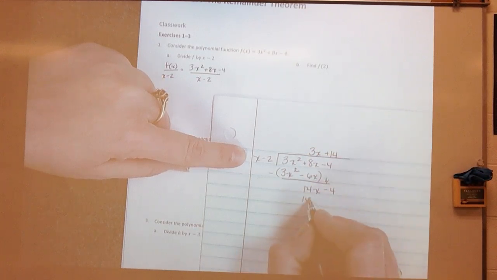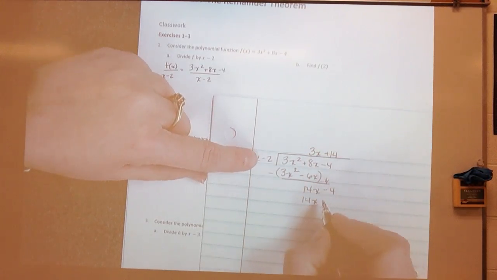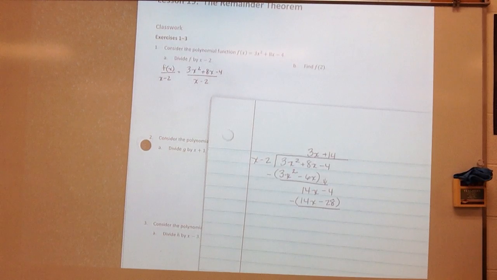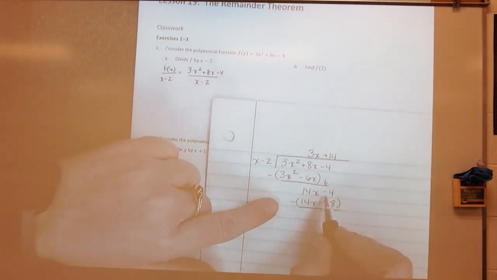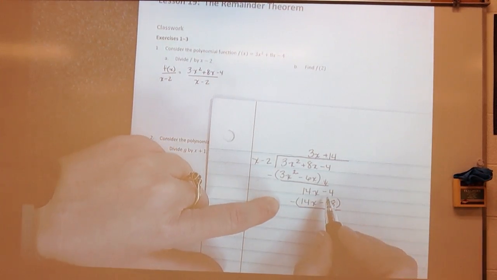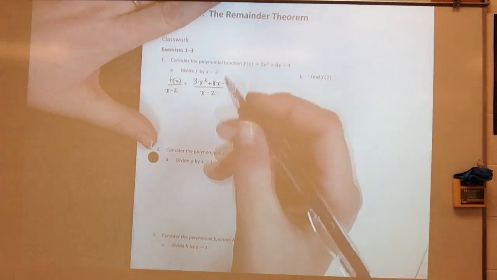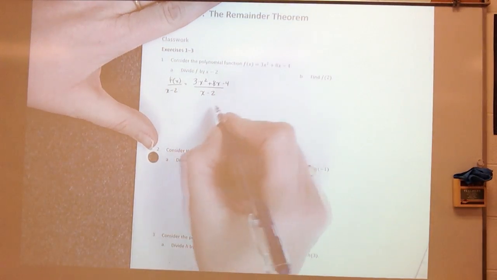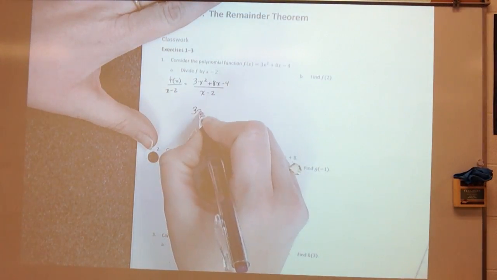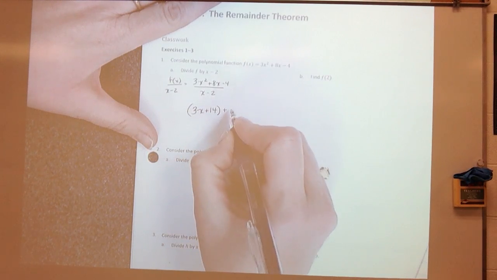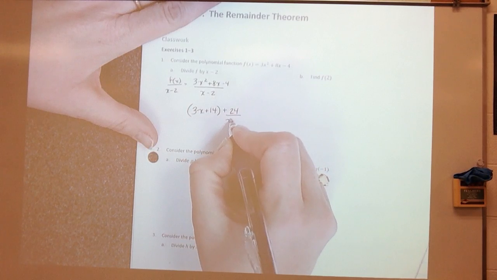So I have 14x. 14 times negative 2 is negative 28. I'm going to subtract. And you can already see that we're going to have a remainder. So negative 4 minus a negative 28, that's negative 4 plus 28, would be a remainder of 24. So my answer would be 3x plus 14 plus 24 over x minus 2.